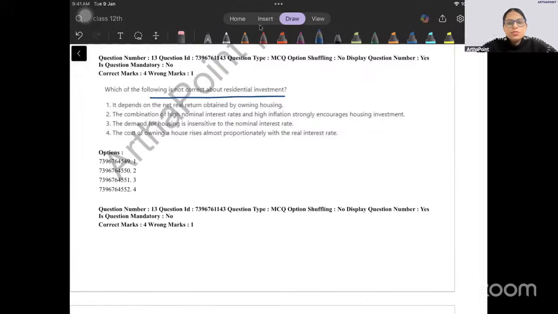Anyone? Which of the following is not correct about residential investment?